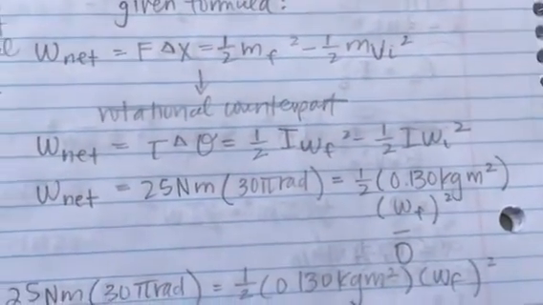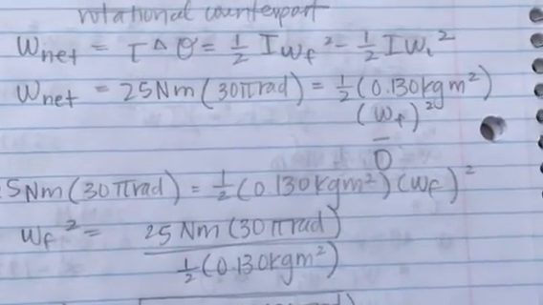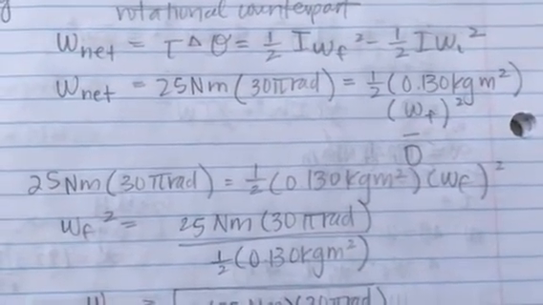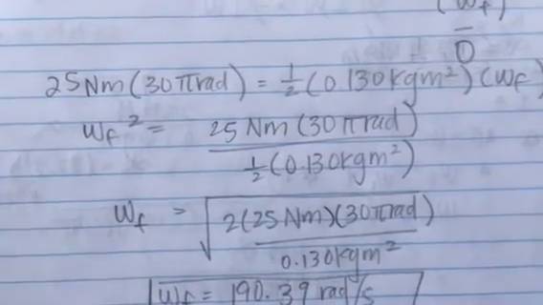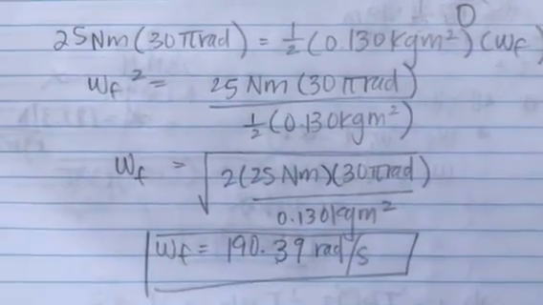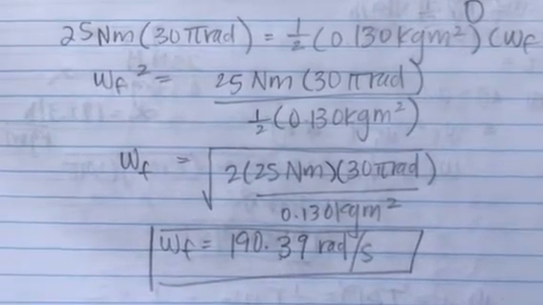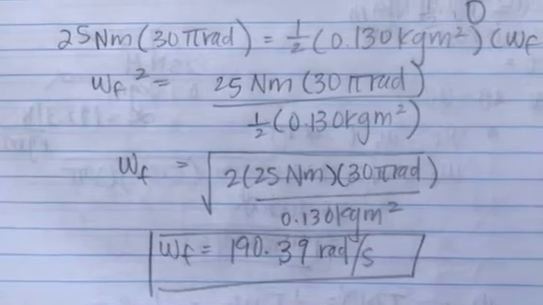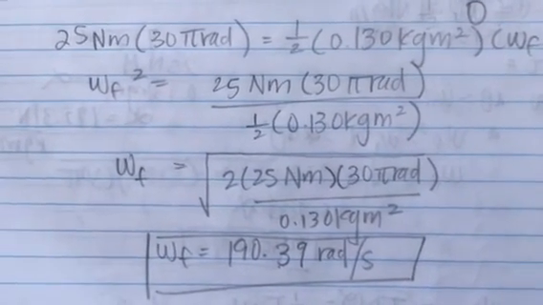When you solve that out, all you do is isolate the angular velocity squared, and after you square root it, the final angular velocity is 190.39 radians per second, after the 15 revolutions or 30 pi radians.